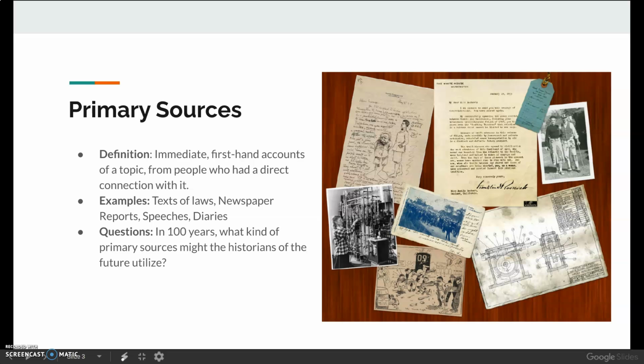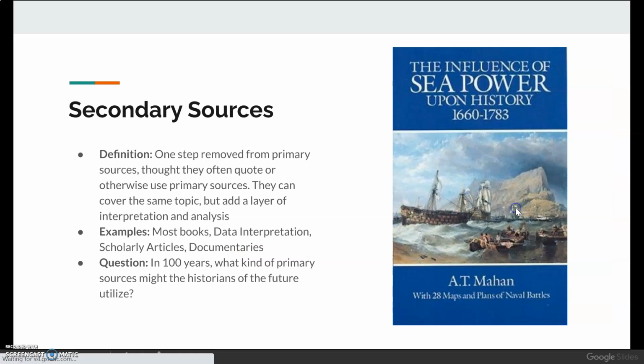So I feel like one of the more useful primary sources for the future, like in 100 years, is going to be social media. I feel like a lot of us record how our lives are on social media. So I think that's going to be a useful example of a primary source for historians if they're, for example, studying the time period of the 2020s. I feel like social media will be a big tool.